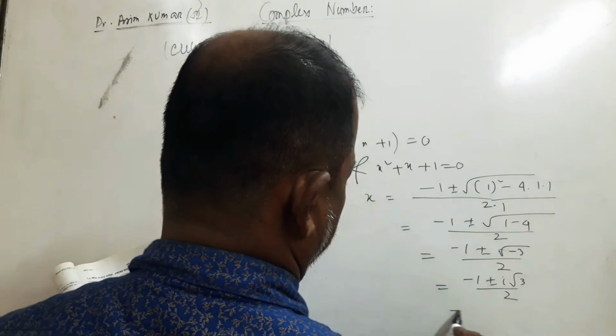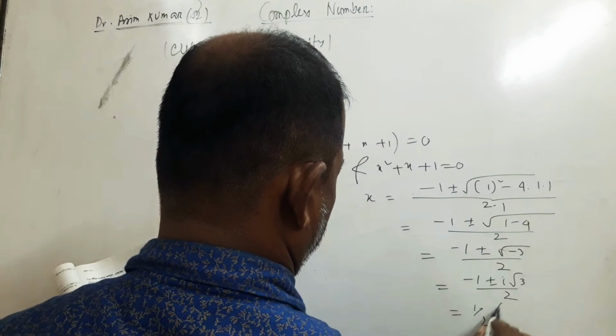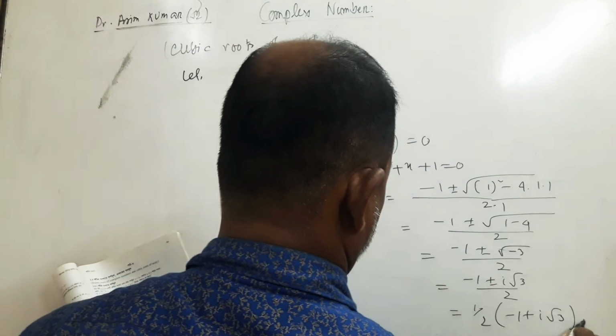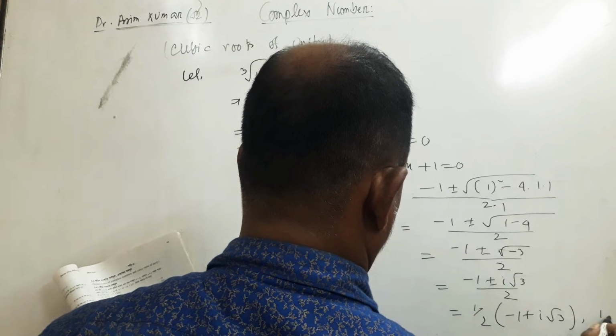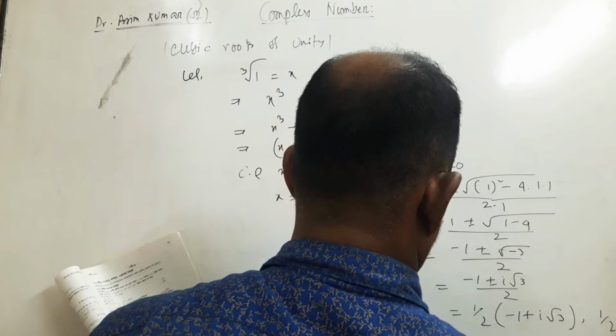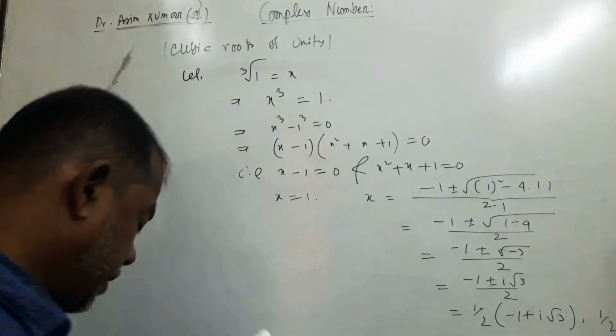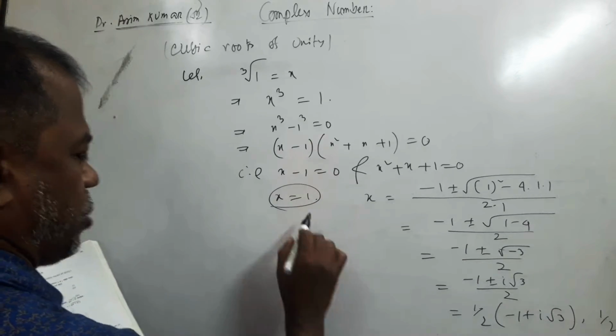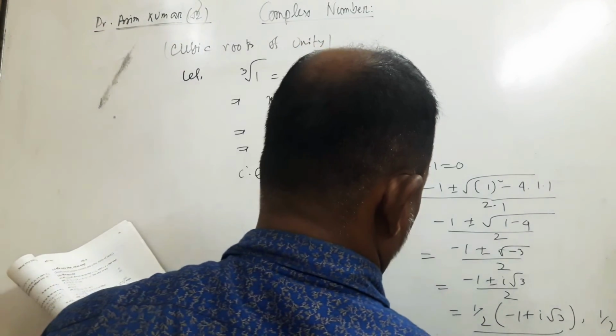So half into minus 1 plus i root 3, and half into minus 1 minus i root 3. Okay, this is the first root, this is the second root and the third root.